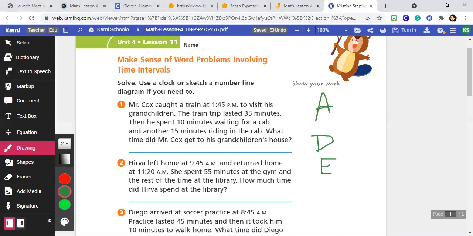Yes, variables in third grade. In my class, we use the variable n. A to check that you have the correct answer, and L to check that you have the correct label. For the purpose of what we're doing here, my students are not expected to show an equation.